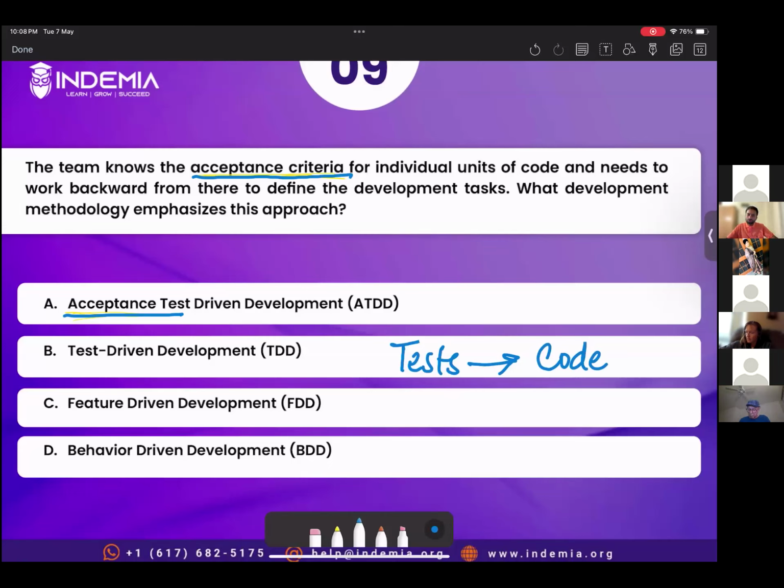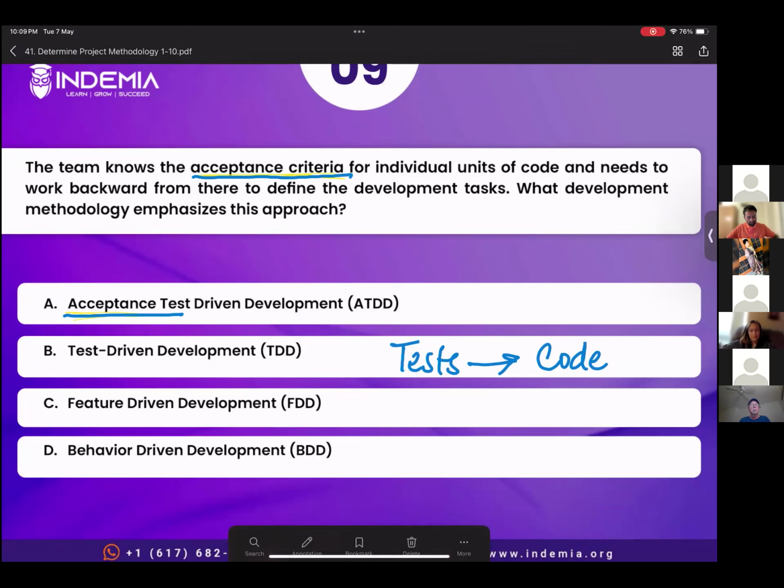But when you're talking about acceptance criteria based on which your product would be accepted, that is called acceptance test-driven development. You develop the product based on the high-level acceptance criteria that you agree with the customer. If you're talking about high level, that is called ATDD. If you're talking about unit codes at small scale, at team level, that is called test-driven development. The correct answer is option B.